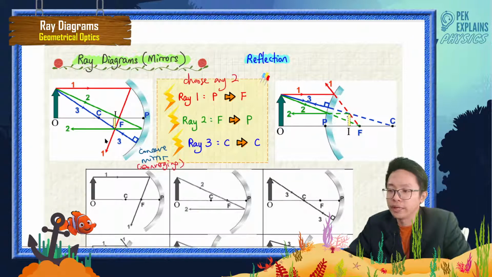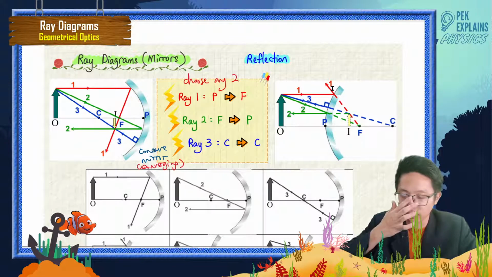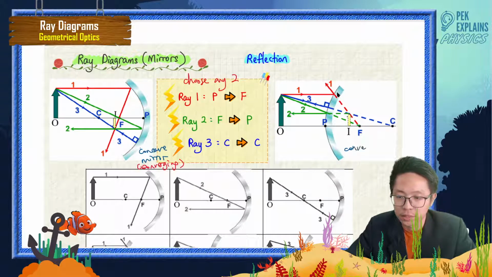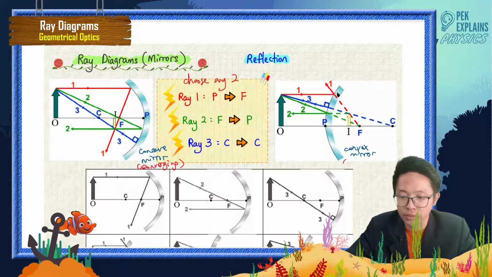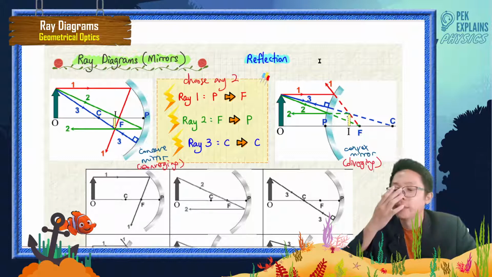But the other one, this shape, doesn't focus light. It reflects the light away. This one is called a convex mirror. It is also called a diverging mirror, because it diverges the light away.